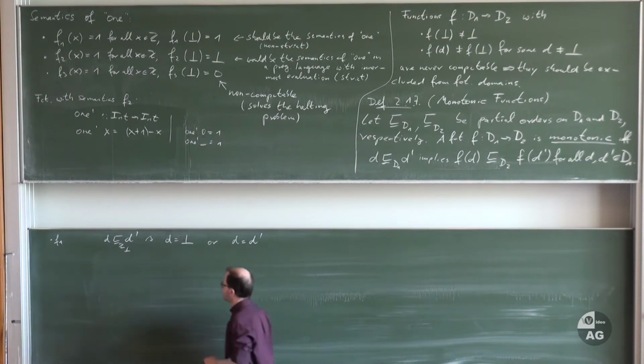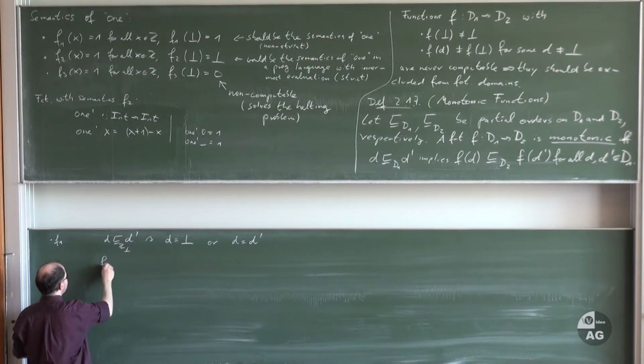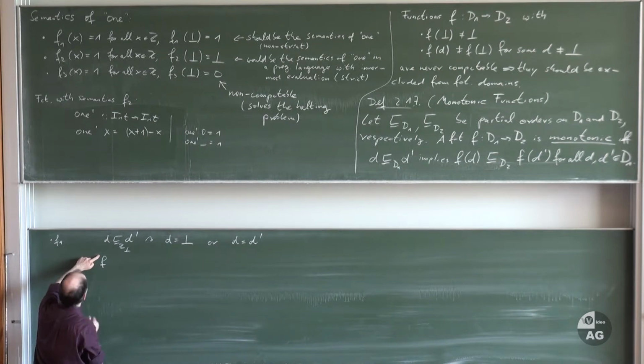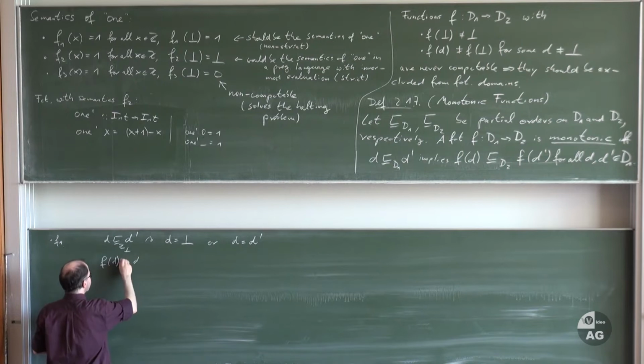So what happens if I have f of d and f of d prime? Does this hold?